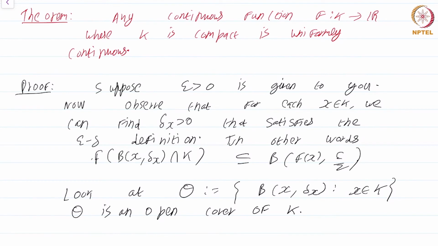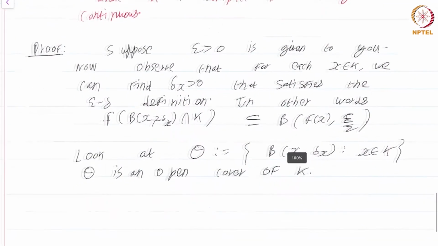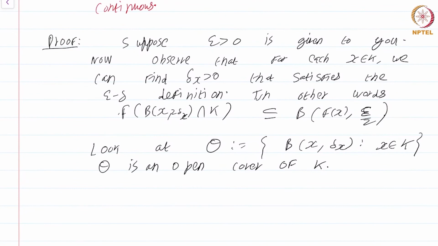And here I will make it 2 delta x. So all I have done is, the epsilon delta definition is anyway satisfied. I have just adjusted my quantities so that B(x, 2 delta x) intersect K is contained in B(f(x), epsilon by 2). This can always be done. Think about why if you're not sure. Okay. Now we know that this B(x, delta x) is an open cover.